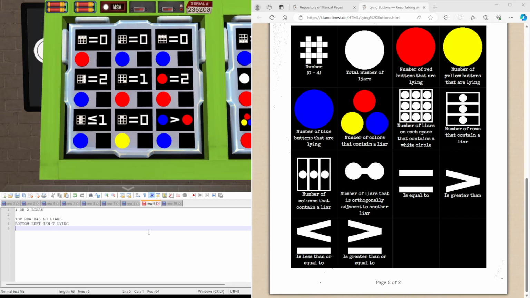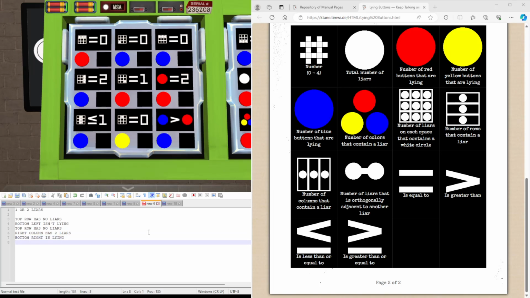The white circle, as you can see though, just means the total amount of liars, irrespective of the colour. The third one is actually the same as the first one. The top row has no liars. The fourth one is the right column has 2 liars. The fifth one is saying the bottom right is lying.